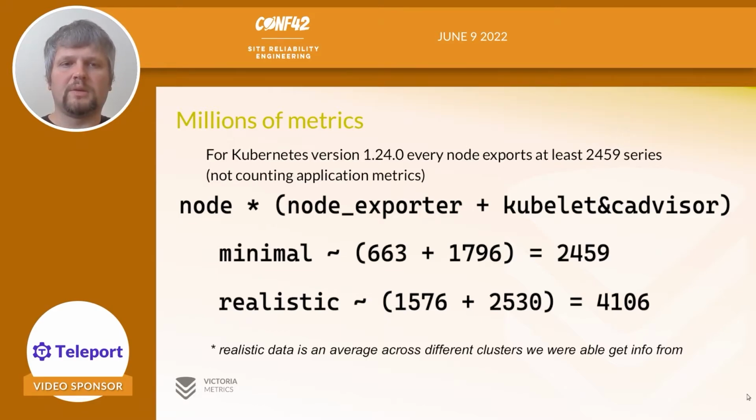And according to our study, the average number of such metrics per Kubernetes node is around 4,000. So if you have 1,000 nodes, then your Kubernetes cluster will expose 4 million metrics which should be collected.